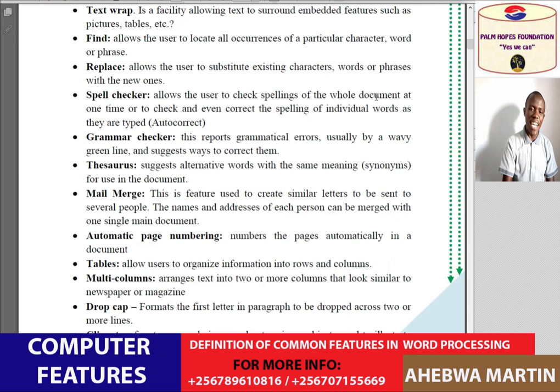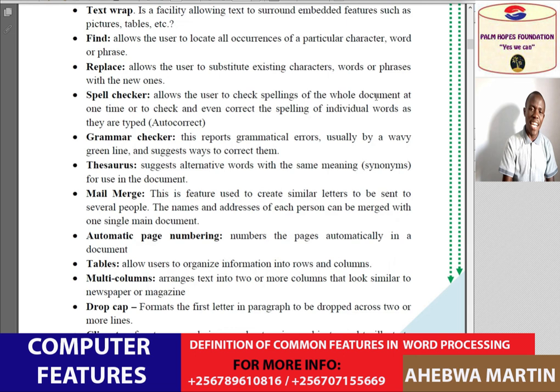Then they are talking about drop cap. This formats the first letter in a paragraph to be dropped across two or more lines. Drop caps are like a big letter. For example, if I'm typing the word Martin, I may choose to make the M bigger than the other characters.